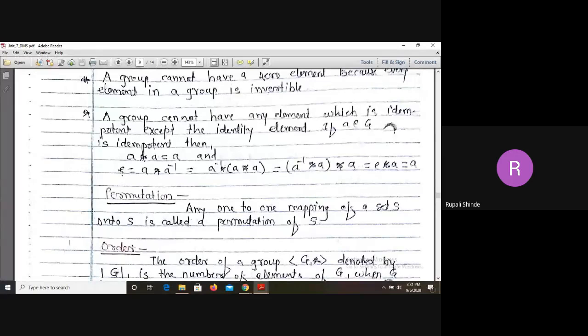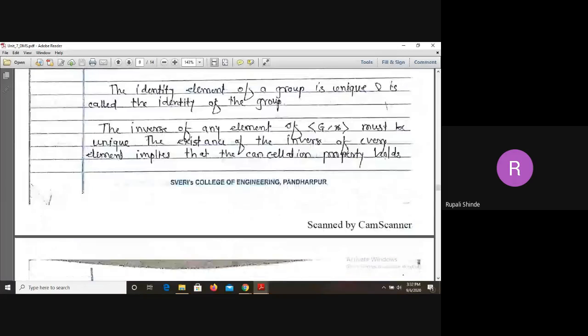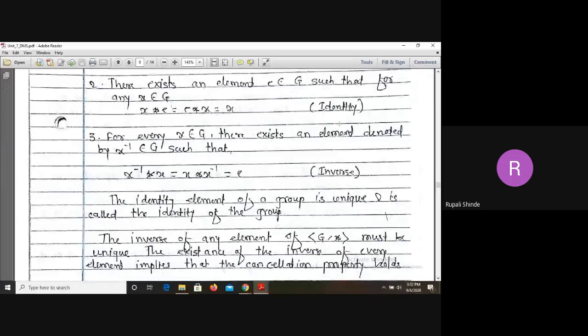Again, we can get the identity element E for any element A as A into A inverse. Again, we can replace this A by its idempotent property as A star A. So A inverse star A star A. Again, if you change this bracket, A inverse star A. What is the meaning of this? If you take the star operation between an element and its inverse, then you will get the identity element, which we have seen here in the inverse property.